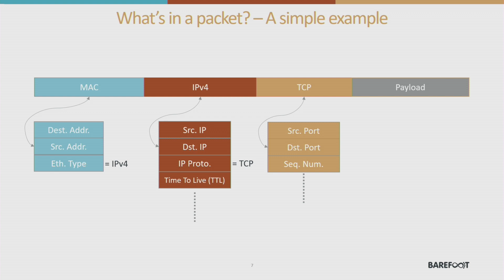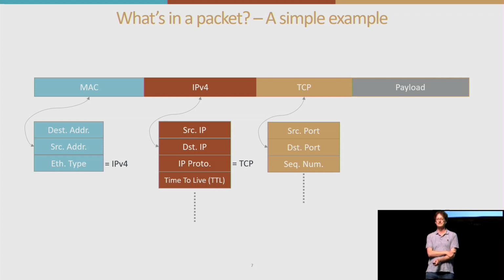Each header consists of a series of words, which typically contain where you're coming from, where you're going to, and a type field, which is used to identify the field immediately following you in the packet. And this is the field that's used for parsing. Inner headers typically have many words, which are application dependent for the meaning of that particular header. For example, IPv4 has a time to live field, which is decremented on each hop through a network.